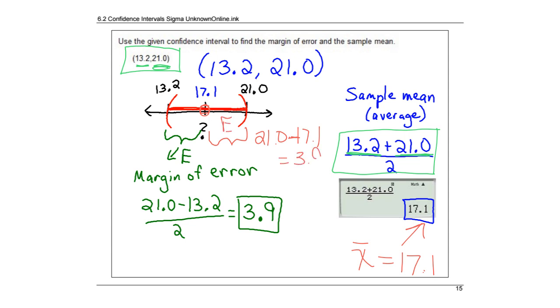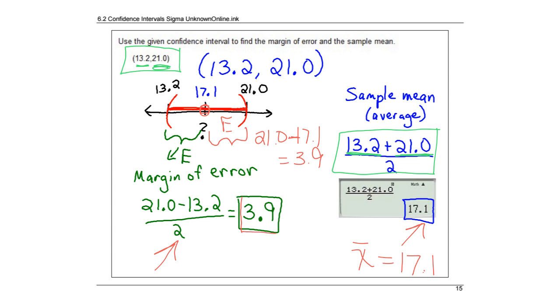We added the margin of error on the right-hand side and we subtracted it on the left-hand side. So you also could find the distance, which is what I did here, and cut it in half. But it's easier, I think, to just find the mean and then find the difference between the mean and one of the endpoints.